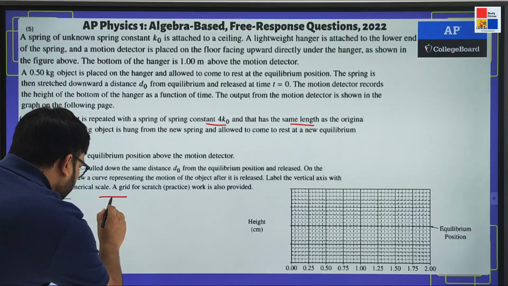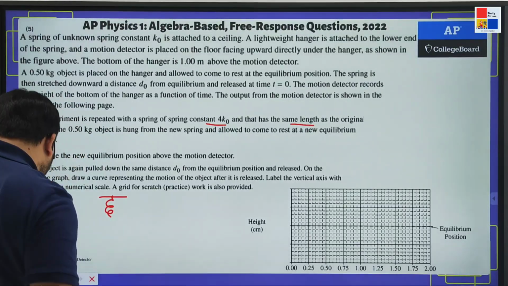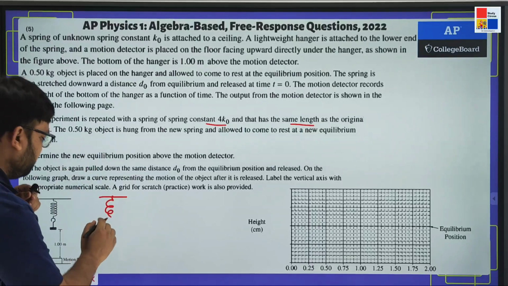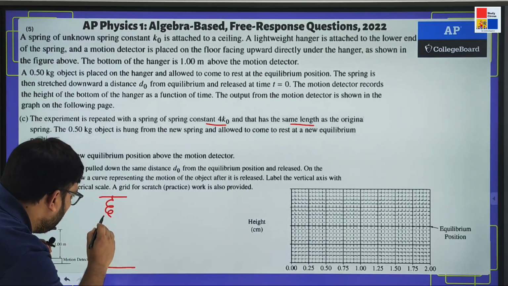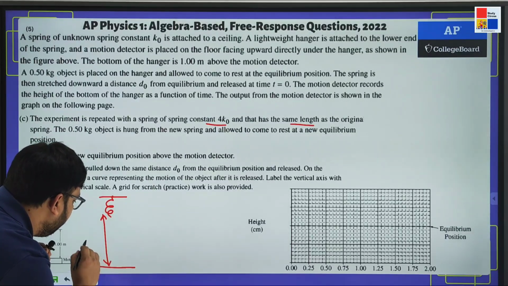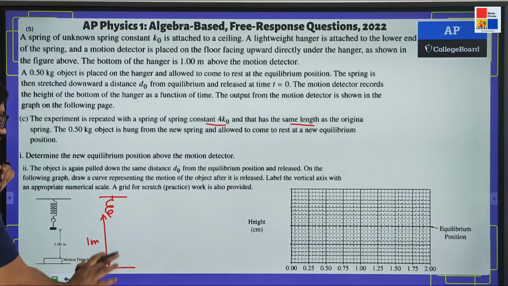Initially, this was the situation. The length of the original spring is the same. When nothing was hung from the spring, it was 1 meter above the detector.